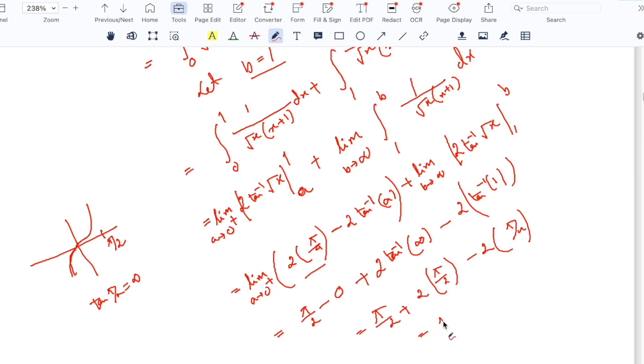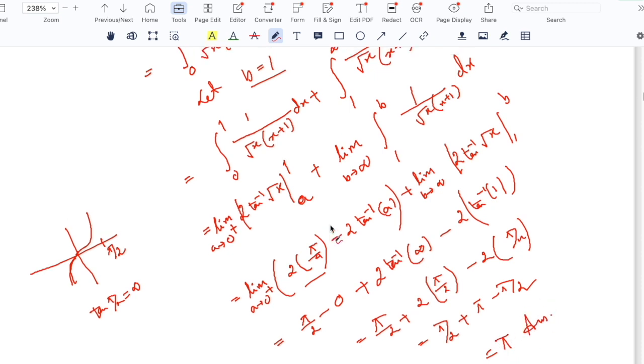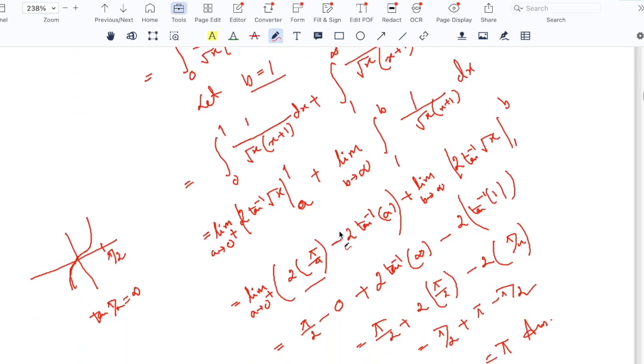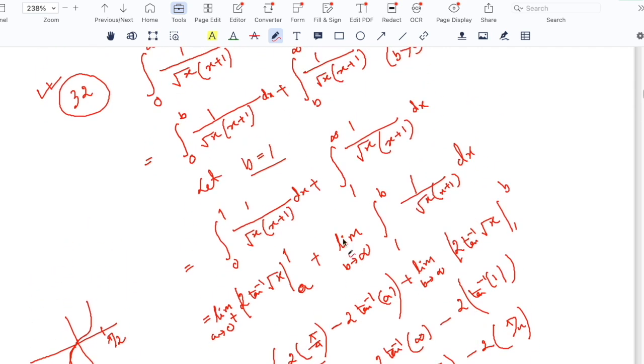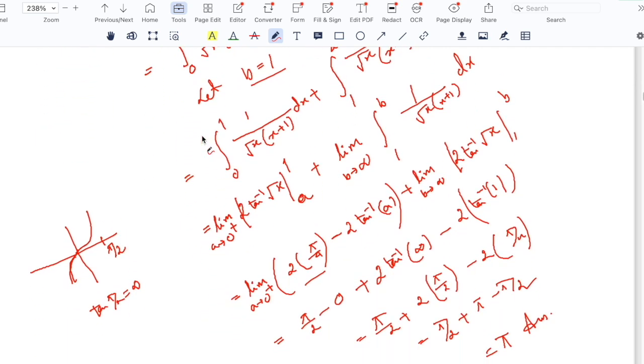So this equals pi by 2 plus pi minus pi by 2, and this equals pi. This is the result. So this integral converges to pi, or this integral has a value which is pi.